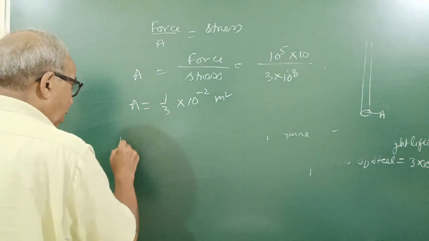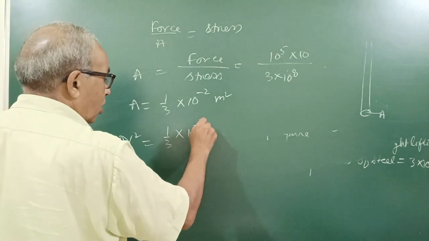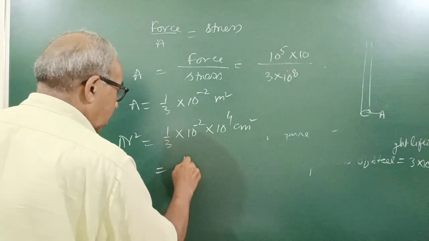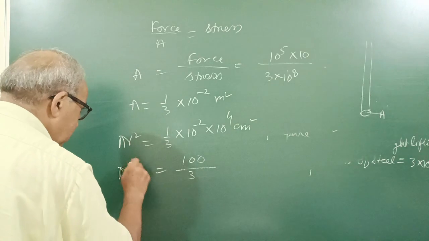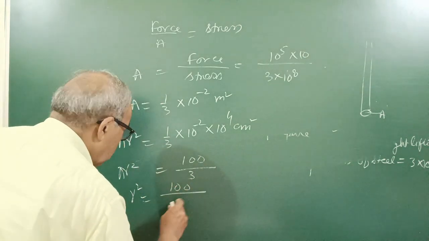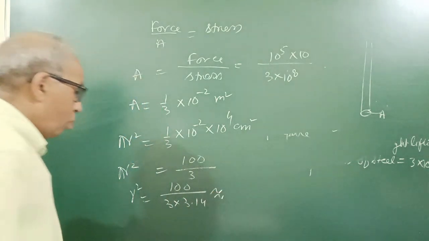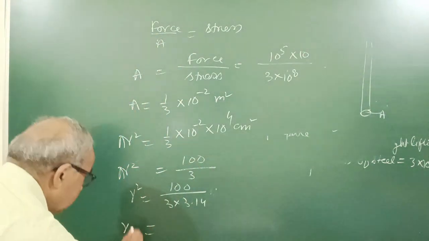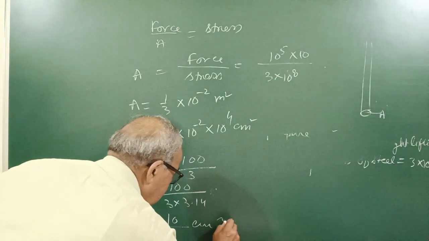How many centimeters? Pi r square is 1/3 into 10 to the power minus 2 into 10 to the power 4 centimeter square, that is 100/3 centimeter square. So pi r square equals 100/3, and r square equals 100/(3 into 3.14). The radius r comes out to be 10/3 centimeter, nearly 3 centimeter.